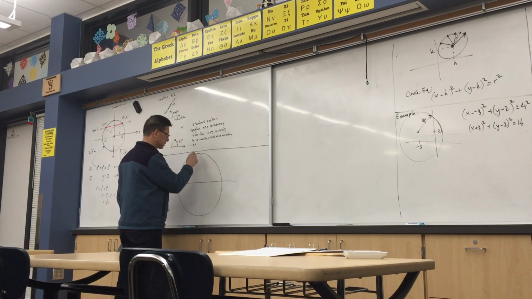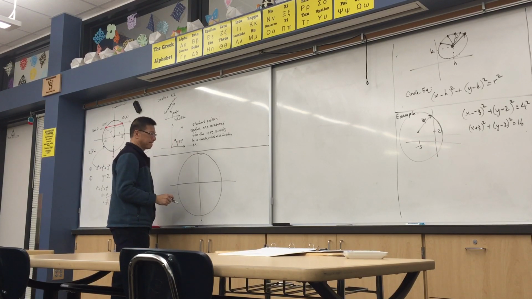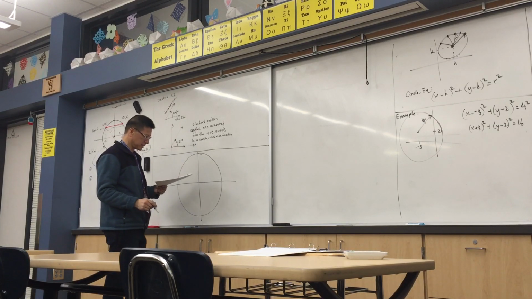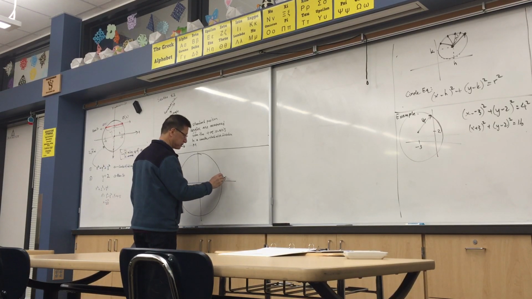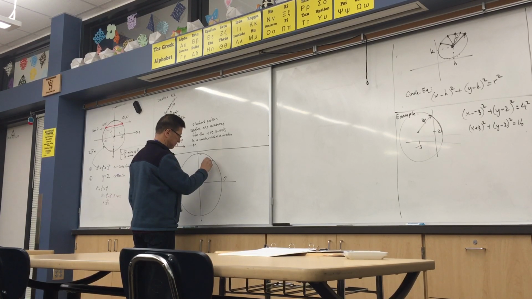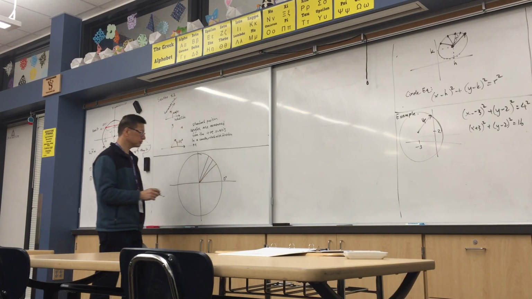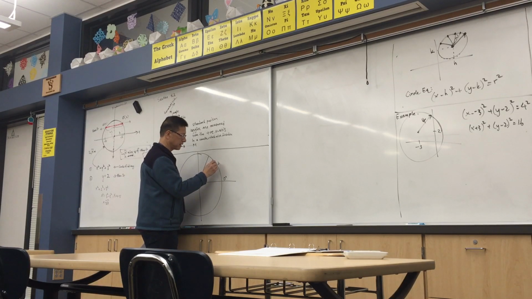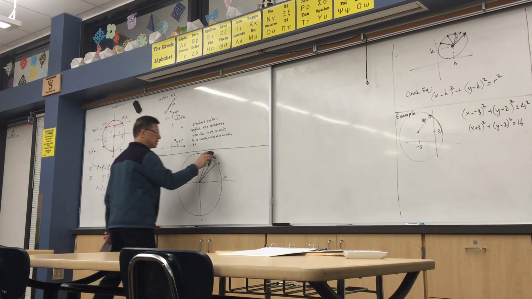So we are gonna talk about this infamous thing. The unit circle. The unit circle, okay? So this is 30, this is 45.